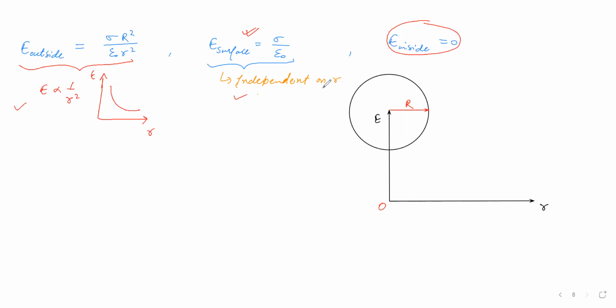You can look, it is independent of R. Then we can easily say the graph independent of R will be a perpendicular line on the R axis passing through the R surface.